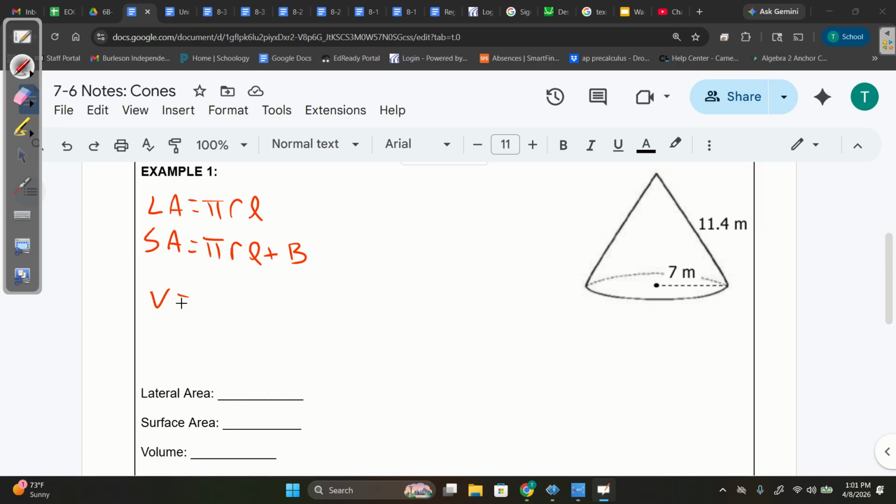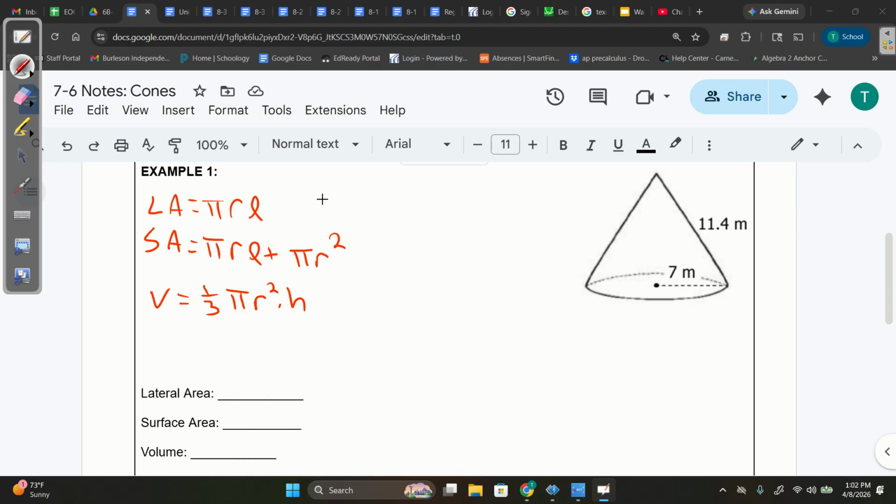And the volume is 1/3 area of the base times the height. Now, like we discussed, my base is a circle. So we can replace these big B's with pi r squared, because pi r squared is the formula for the area of a circle.